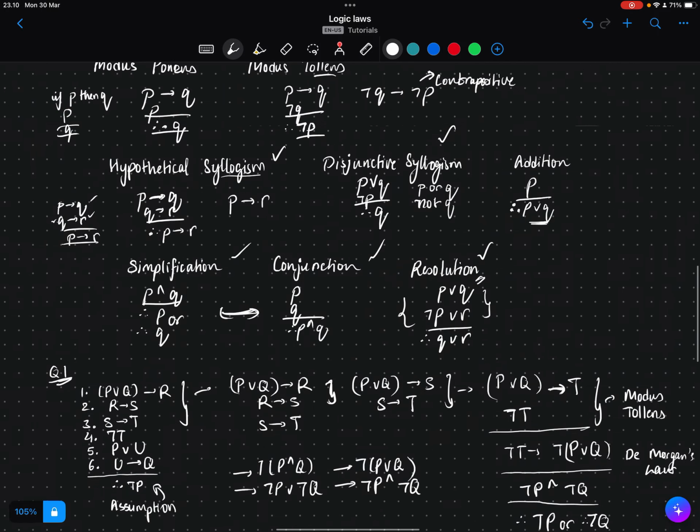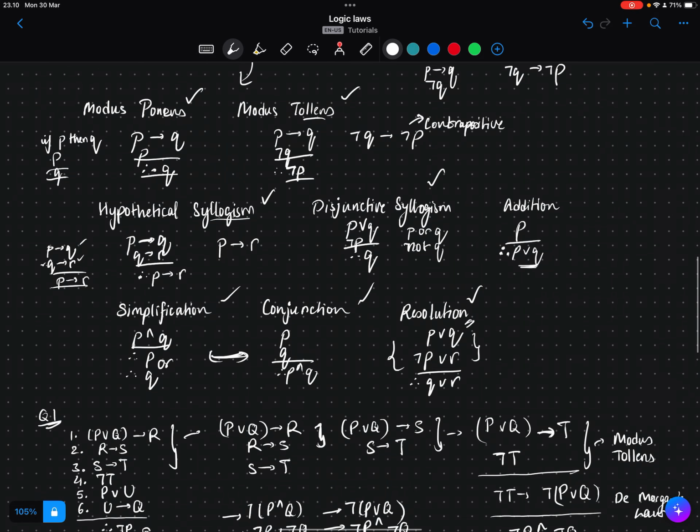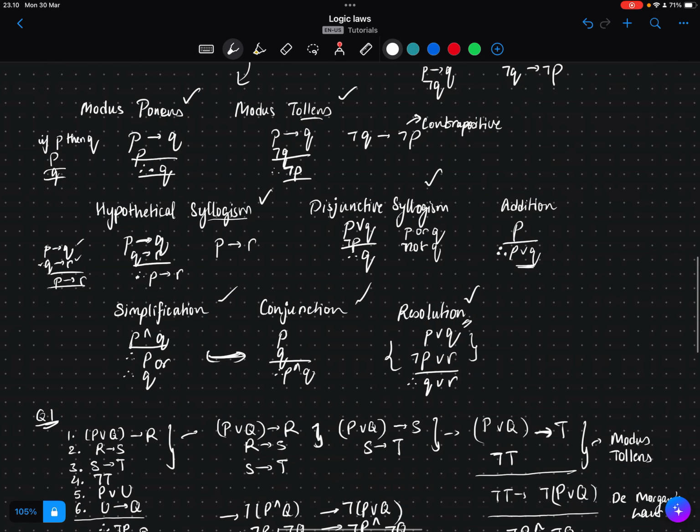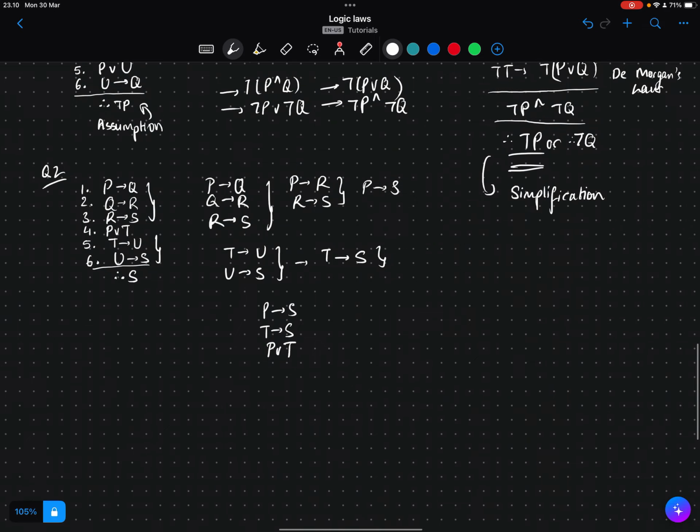We can basically say, by disjunction, or you can explain it in simple English. There's another rule, disjunction, which you can look up. But you can also just say it in English: if P or T, and if P gives us S and T also gives us S, then if either one is true, we would always get S, which is the assumption.